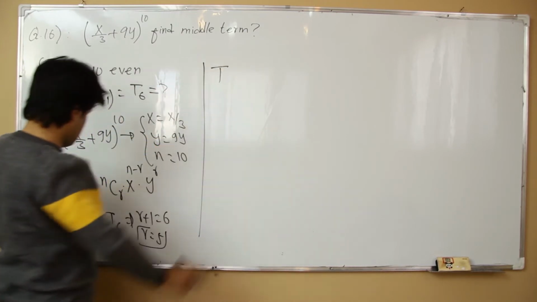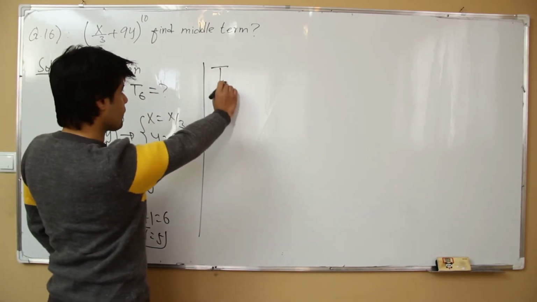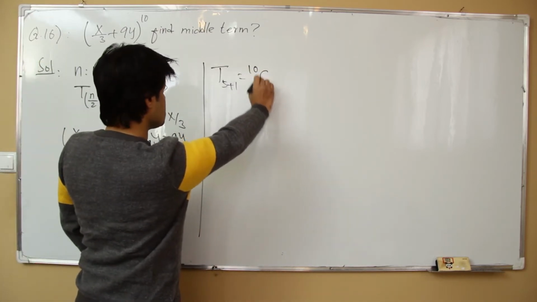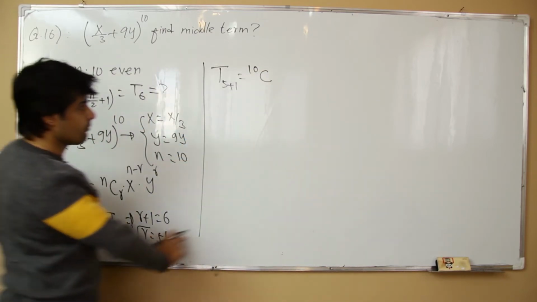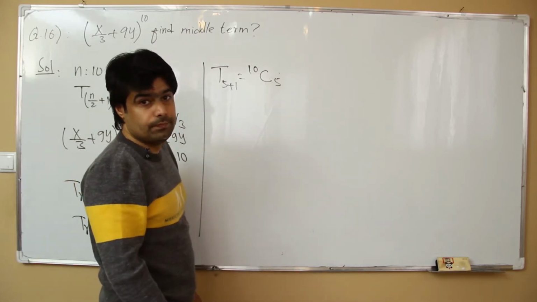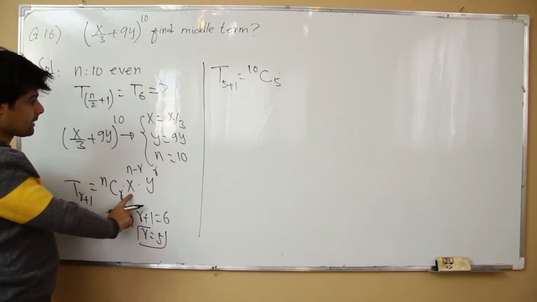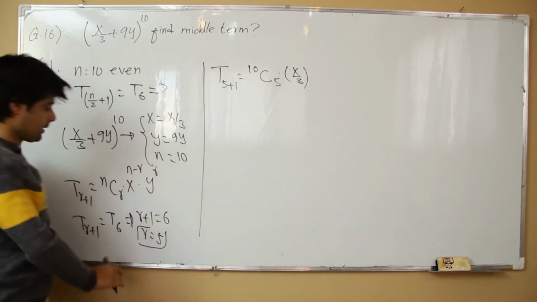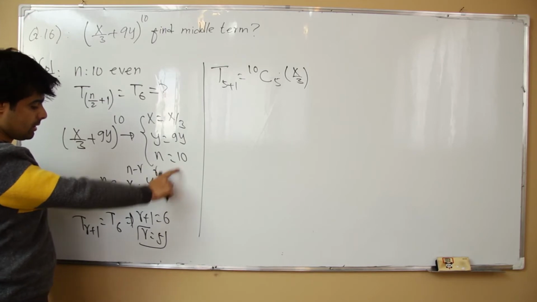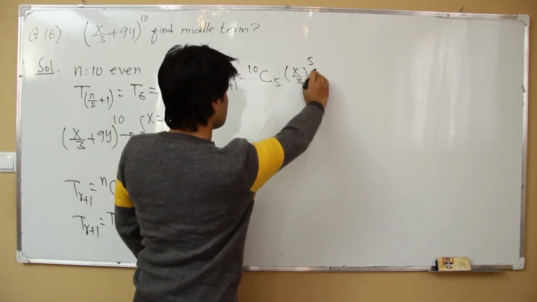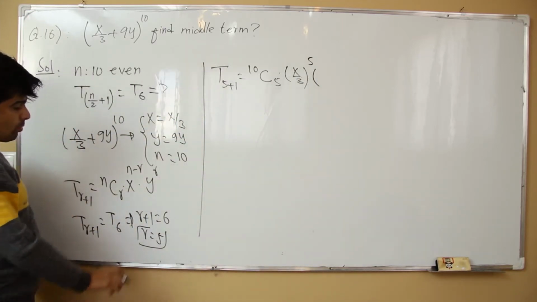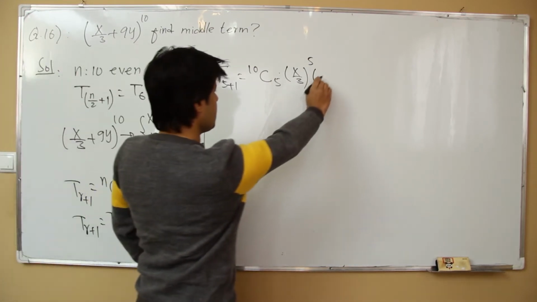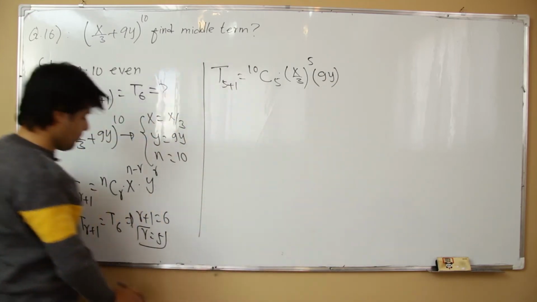You have T(5+1), instead of n 10, C instead of r you have 5, instead of x, x/3 raised to the power n minus r, 10 minus 5 is 5, times y, instead of y 9y, 9y raised to the power r.